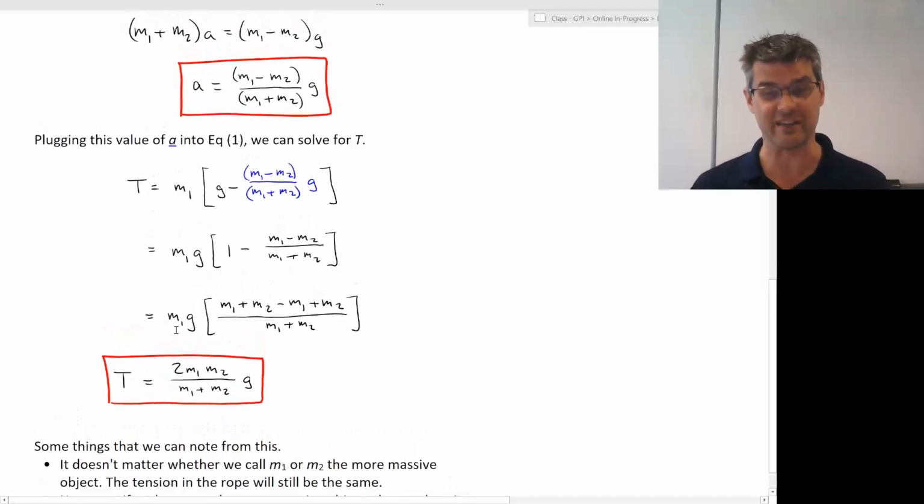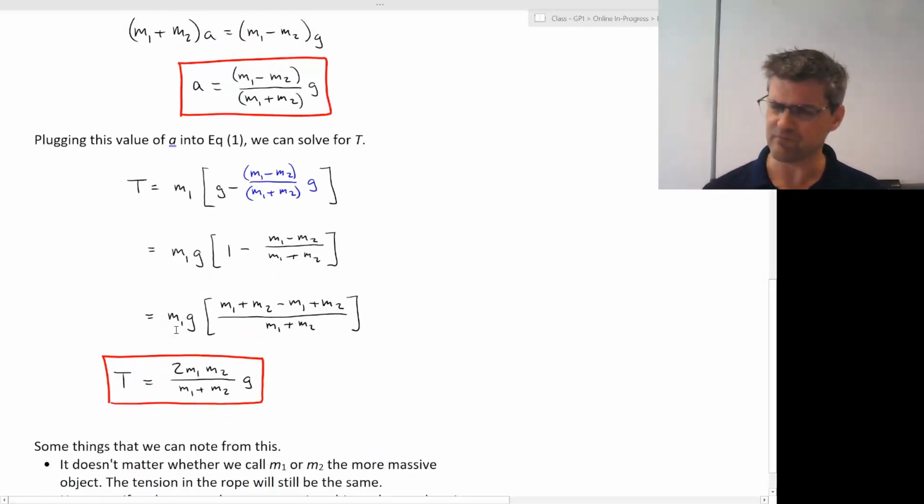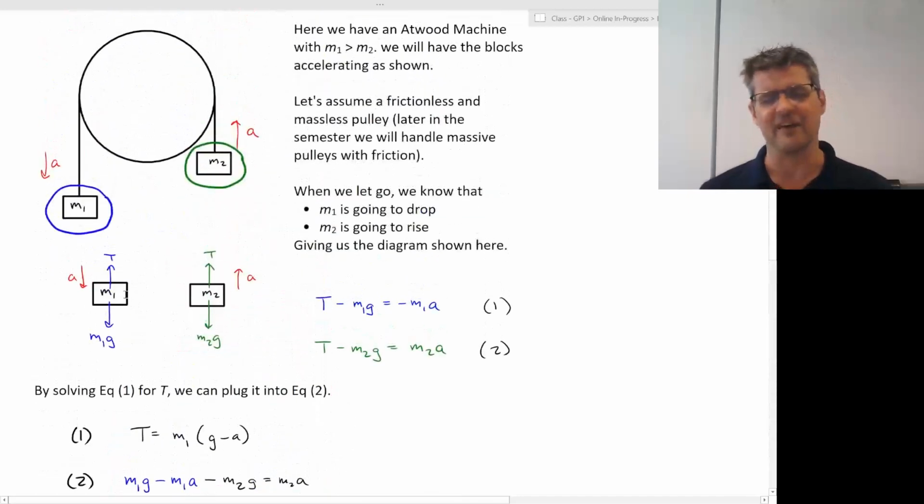And in limiting cases, we could look at limiting sorts of behavior. What happens if M1 is very, very large, like a shot put, and M2 is very, very small, like a ping pong ball? Well, obviously, if M1 is much, much bigger than M2, I expect M1 to fall and M2 to go up.